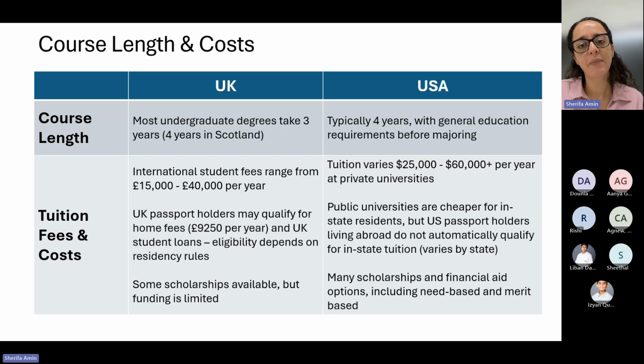To a large extent, it depends on residency, where the official rule is that if students have not lived in the UK for a set period, which is usually 3 years before starting university, they may be classified as international students. However, there have been cases where students have been living abroad and they did qualify for home fees by making a case to the university.